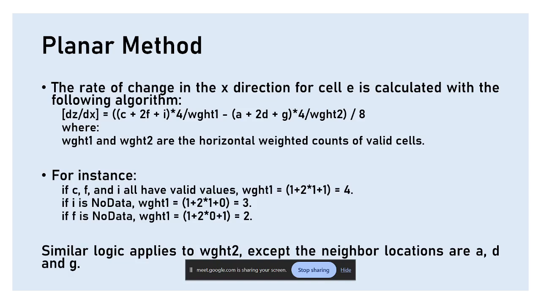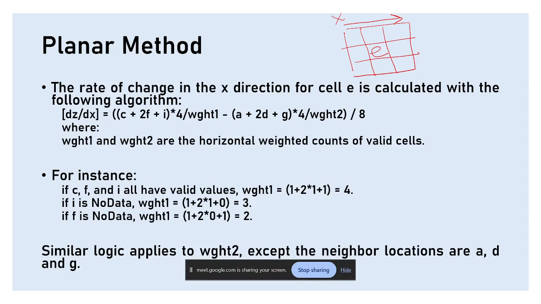In this planar method, the rate of change in the x direction for cell E is calculated with the following algorithm. As I said, you have this 3 by 3 window grid, and you have E over here. Now that rate of change needs to be determined in the x and y direction, because it is 2D. In the x direction, it is determined based on this equation.